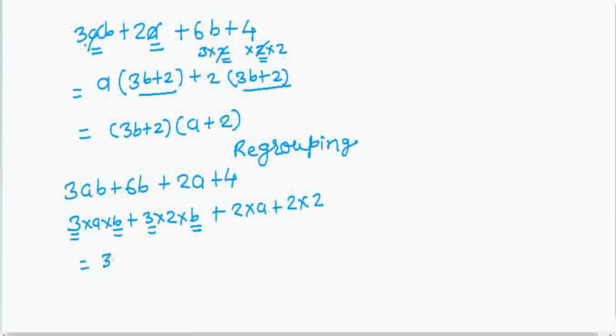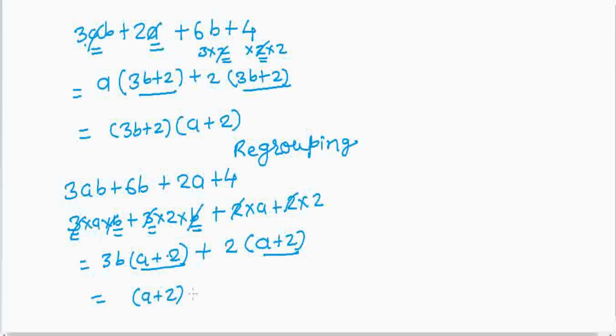Taking 3b common, we have a plus 2. Then again we have 2 common, and the remaining term is a plus 2. So a plus 2, a plus 2, we have a plus 2 into 3b plus 2. So by regrouping the terms, we can factorize this also.